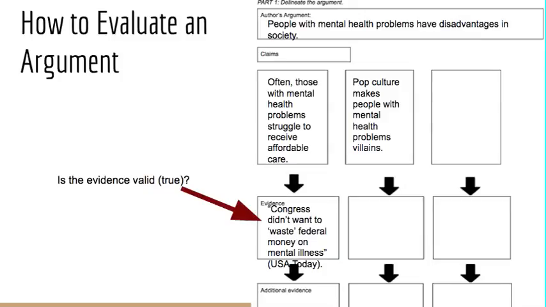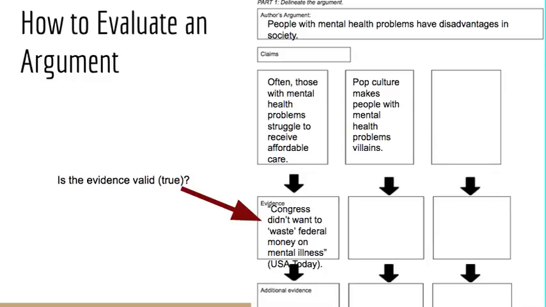So one of the first things I'm going to be thinking about when I'm evaluating this argument is, does the evidence work? Is it true? So if the stance is that people with mental health problems have disadvantages, one of the reasons that the author thought this was that those with mental health problems struggle to receive affordable care. And their evidence is that when building Medicaid, Congress didn't want to waste federal money on mental illness.